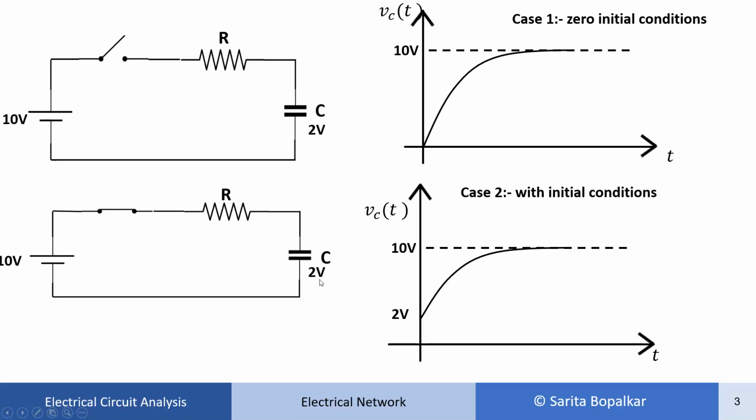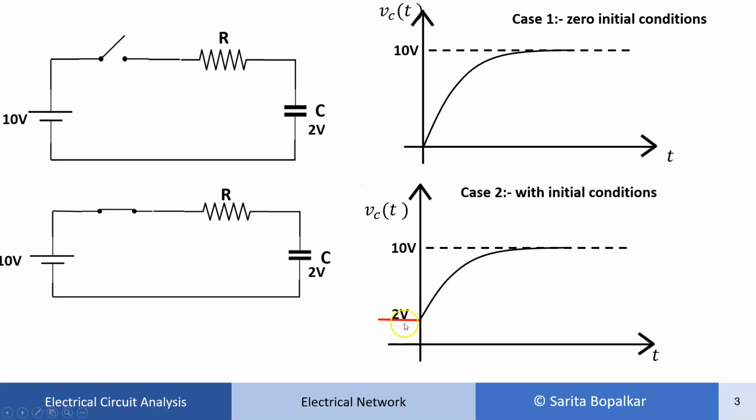Similarly, for an inductor, the current through the inductor cannot change instantaneously. It will take some time to reach the final steady state. So in transient analysis, we need to consider the initial conditions. That means before applying or changing the source, we need to consider the state of the inductor and capacitor.